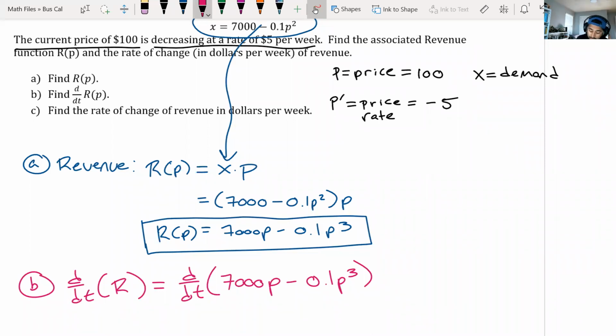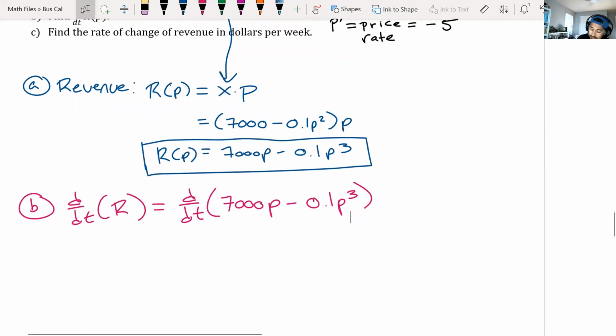Now let's take the implicit derivatives.